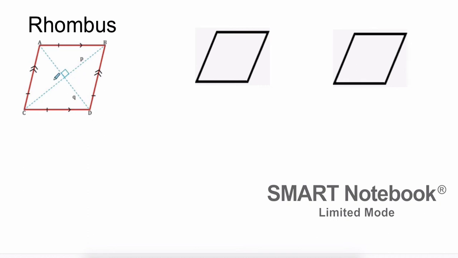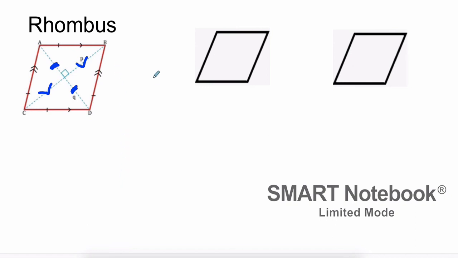And actually, they cut each other exactly in the middle. So although they do not have the same length, they cut each other in the middle, meaning these two sides will be equal and this one will be equal as well.